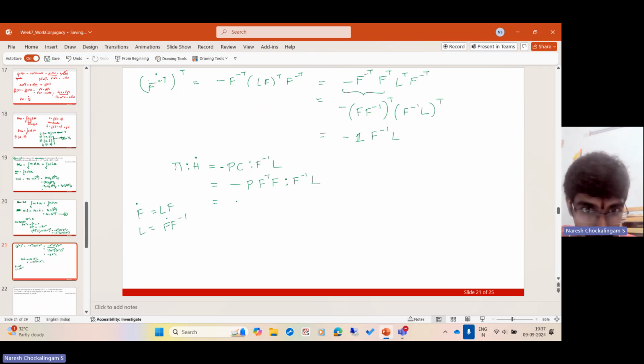So I can write that also. It is minus P F transpose F contracted with F inverse F dot F inverse. Okay, so this is fine.